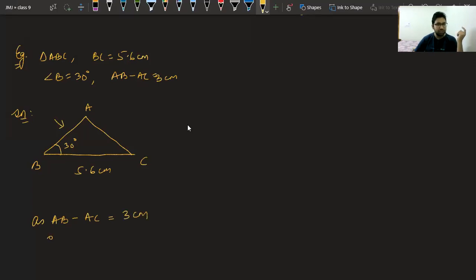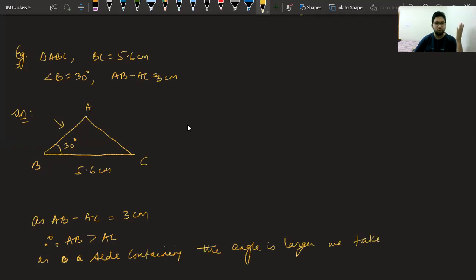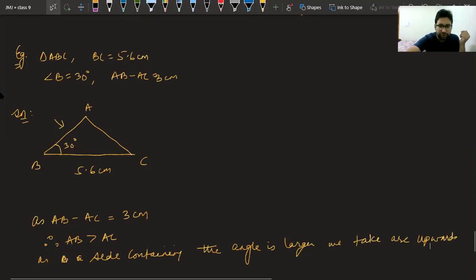AB is larger, therefore AB is more than AC, as the side containing the angle is larger. We take the arc where, Yuvika? We take the arc upwards. Yes, above. Now let us see the construction fast.